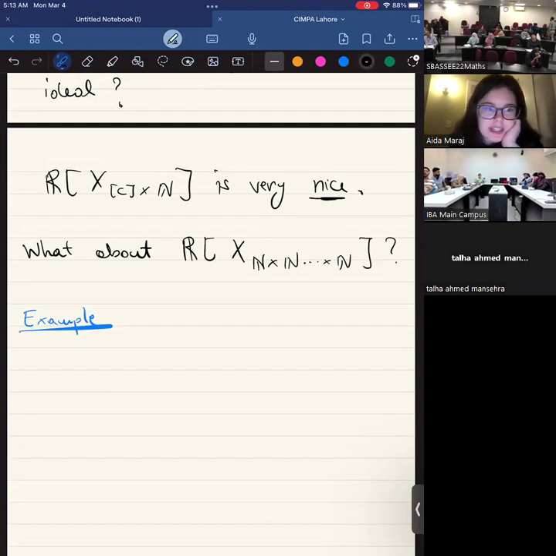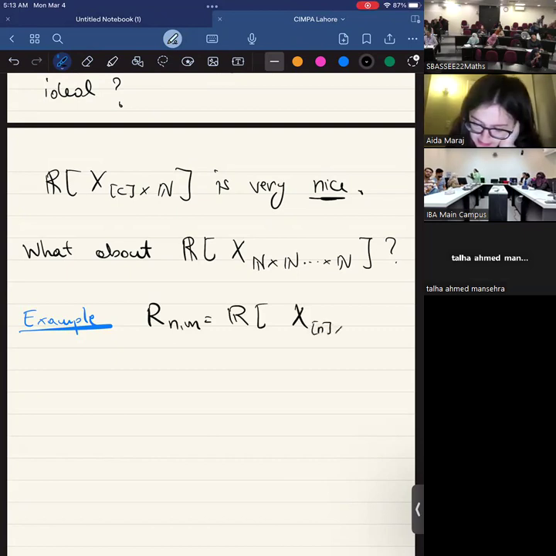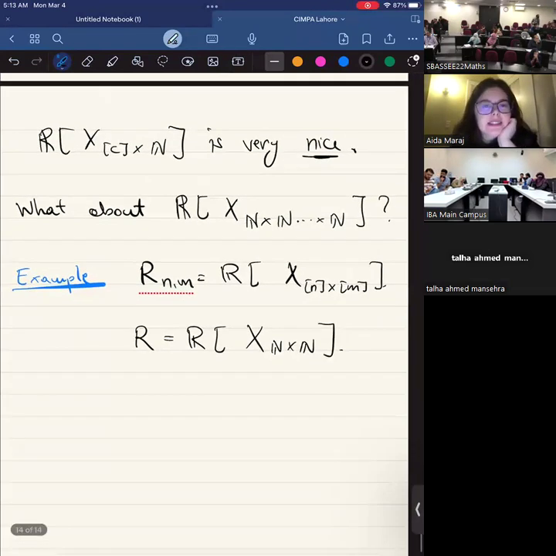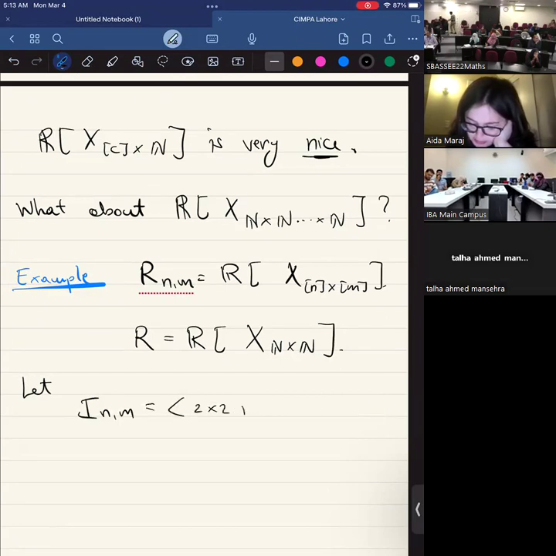So let's define R_{n,m} to be the polynomial ring with variables x_{n times m}, and let R be the ring in x_{n times n}, and let I_{n,m} be the 2 by 2 minors of x_{n times m}.